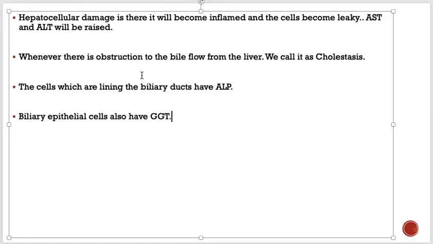Understand, guys? So whenever there is damage to the biliary tree, what will happen? ALP as well as GGT are going to spill out in the blood. Okay, so this is the easiest way to tell you this thing.